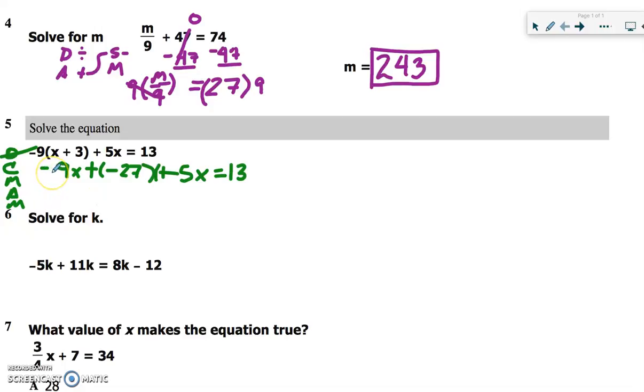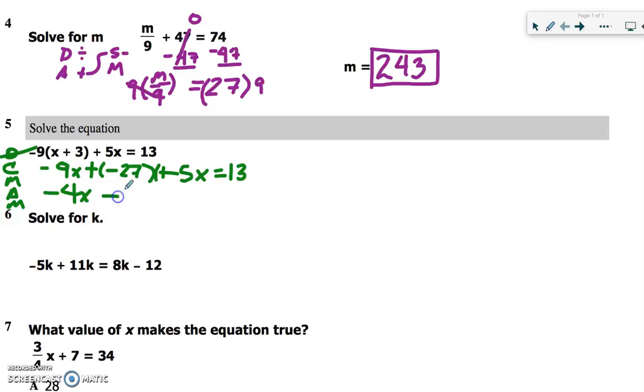So we have negative 9 plus 5, different signs, so I will subtract. The difference between 9 and 5 is 4x. Take the sign of the higher number, which is the 9, the absolute value that is. So that means my term is negative 4x. I have more negatives than positives.